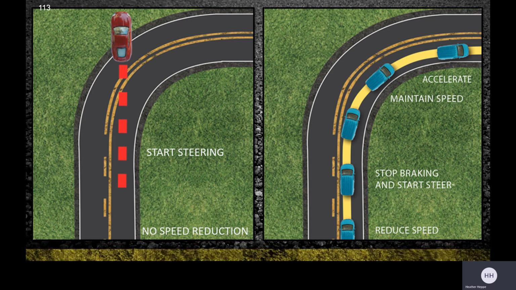So as we can see here, this car controlled their inertia by slowing, continuing to slow, maintaining the slow speed, and speeding up as they come out. So a vast difference in what we could do with inertia. Inertia is still there, it's going to push the car, but instead of going too fast and getting pushed straight, we were nice and slow and controlled, and we ended up going through the curve very well.